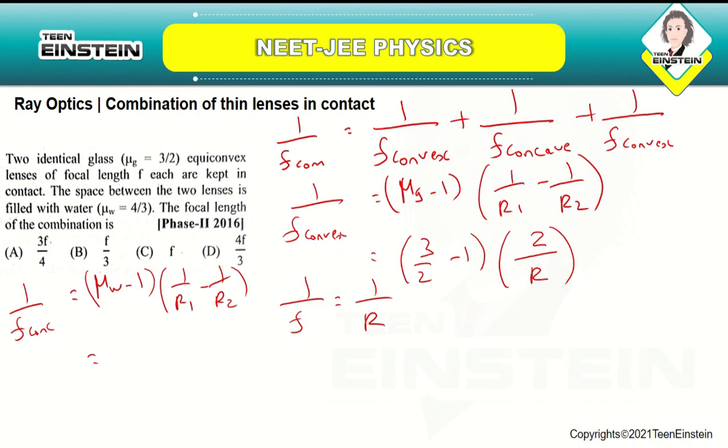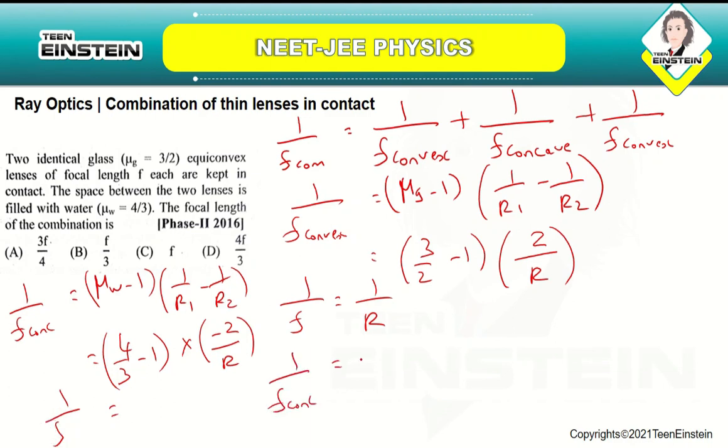So, you are going to substitute that: 4 by 3 minus 1 into minus of 2 by r. Okay, because it is minus 1 by r minus 1 by r, so it will become minus of 2 by r. Okay. So, if you solve this, you will be getting 1 by f concave is equal to minus 2 by 3r. Okay.